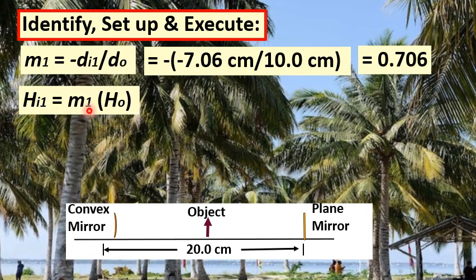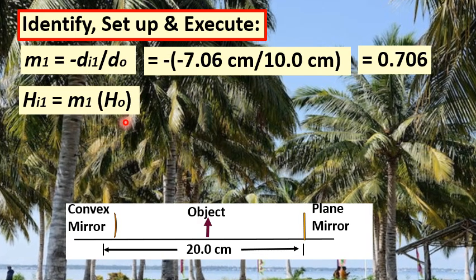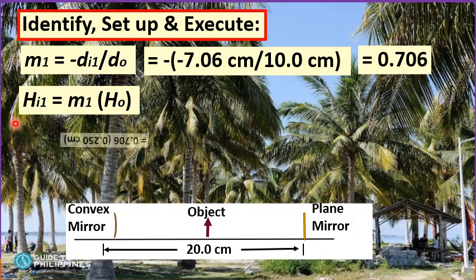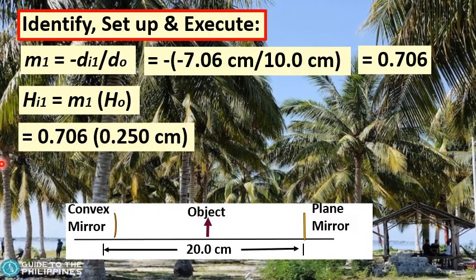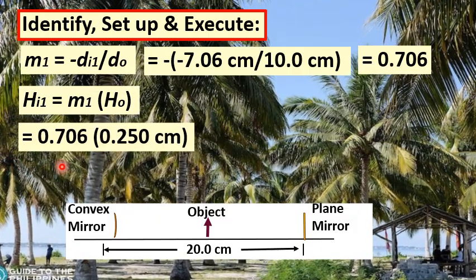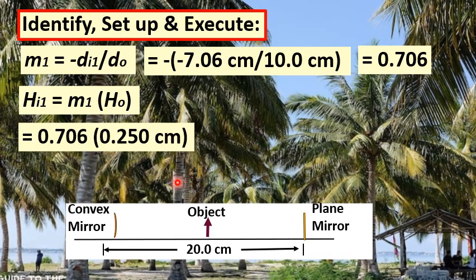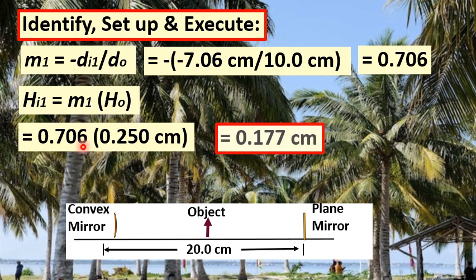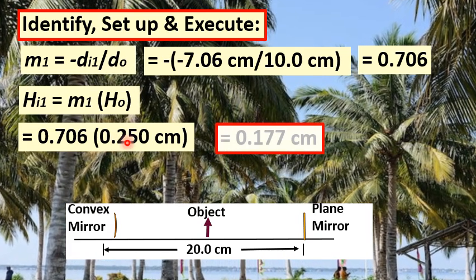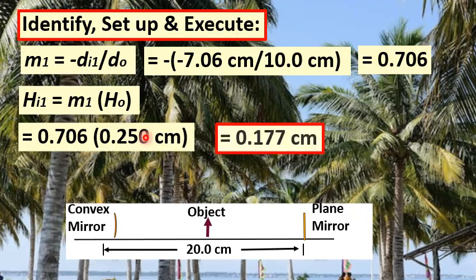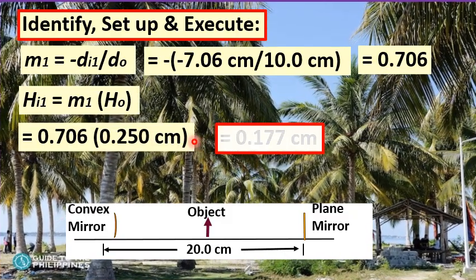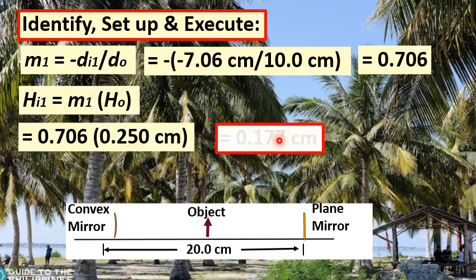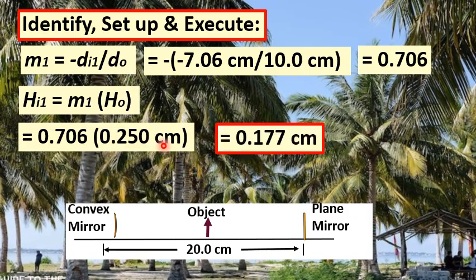So we can now determine the height of the first image, h sub I1. We just multiply the value of M1 by the height of the object. That is, 0.706 times 0.250 centimeters. We get the height of the first image equal to 0.177 centimeters, right? So obviously, the height of the image is less than the height of the object.